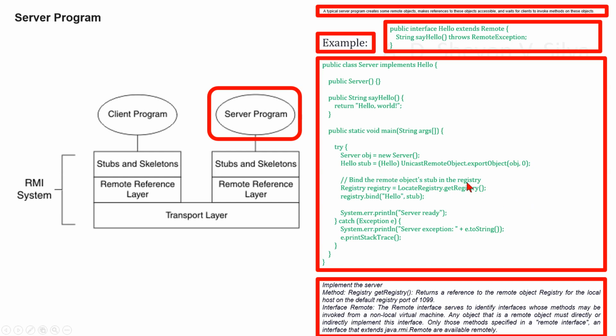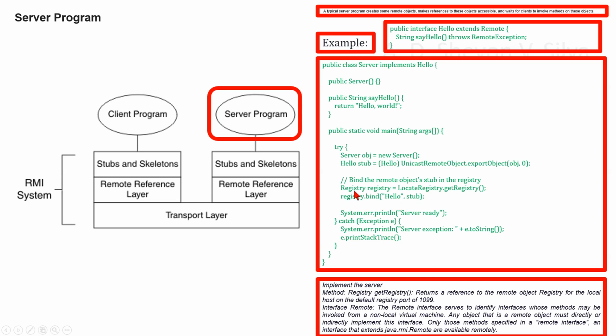For bootstrapping, Java RMI provides a registry API for applications to bind a name to a remote object stub, for clients to look up the remote objects by name in order to obtain their stubs.